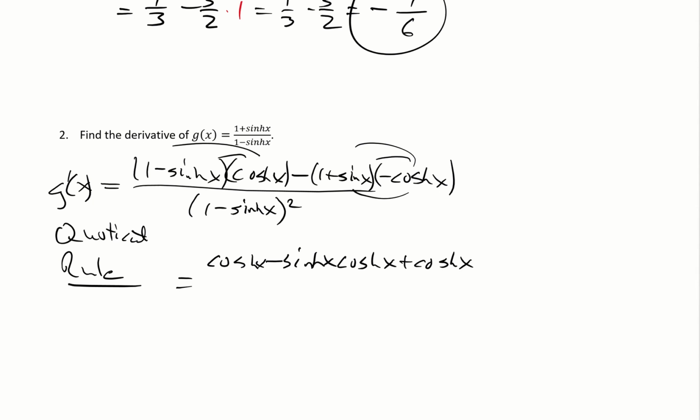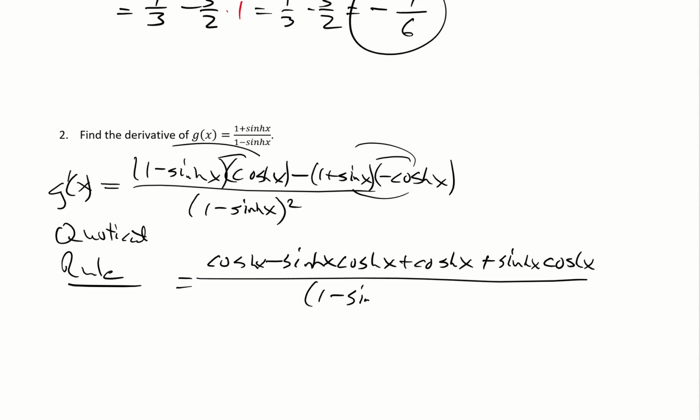That's a negative, and another negative is plus sinh x times cosh x. And downstairs is still waiting patiently, this guy. All right, look what happens. We have that canceling with that. We have two coshes added together. So we're getting this final answer of 2 over 1 minus sinh hyperbolic squared.